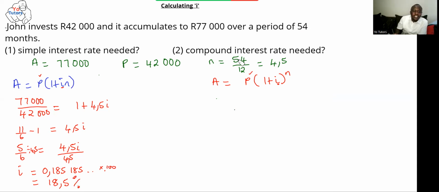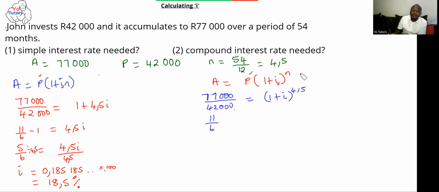But now let's look at the compound side. We're going to do the same thing here. We divide by P, so 77,000 over 42,000 is giving us 1 plus our I, which we don't know, to the power of 4,5. We already got the 11 over 6 here, so we don't need to stress.